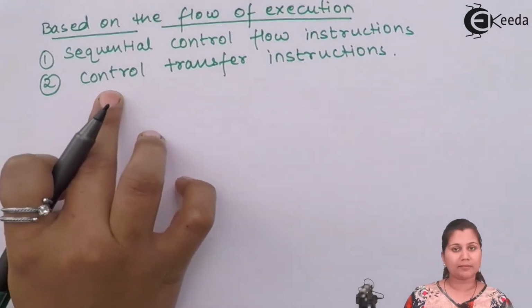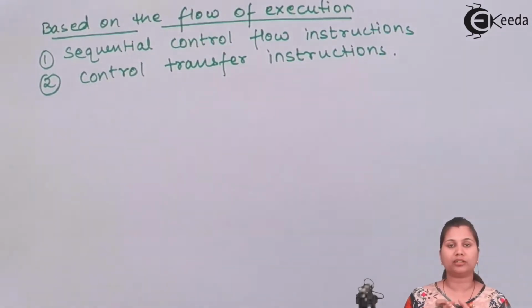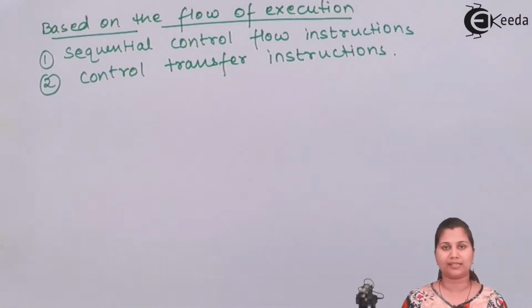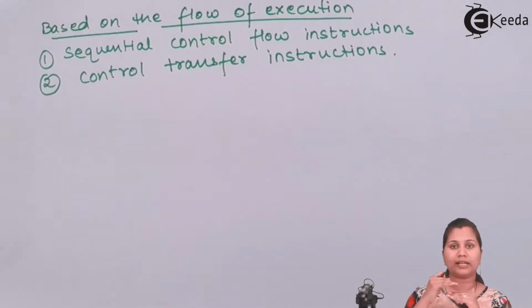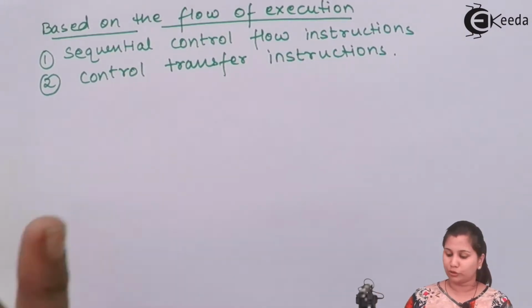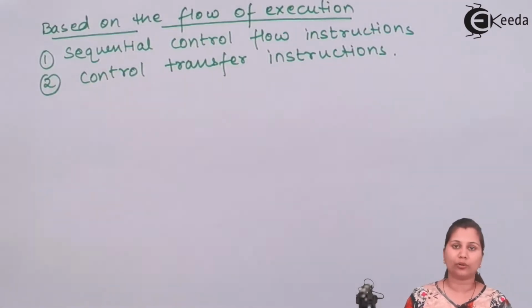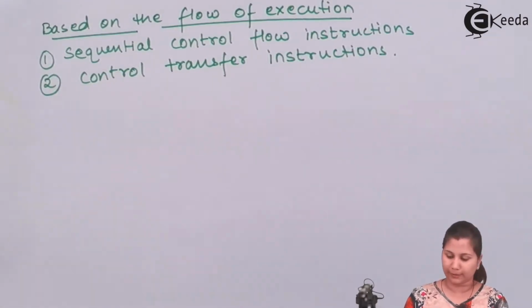Now, some instructions transfer the control to other locations, like jump instructions and call instructions. These instructions transfer the execution of the program from one memory location to another, so the control has been transferred. Those instructions are known as control transfer instructions.